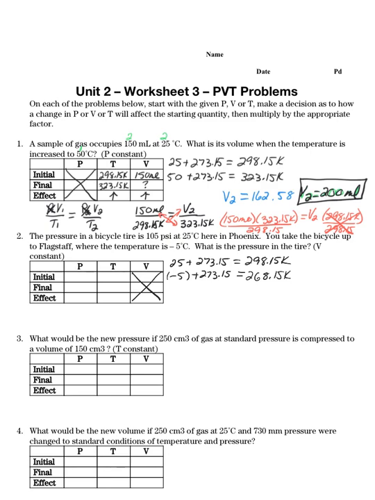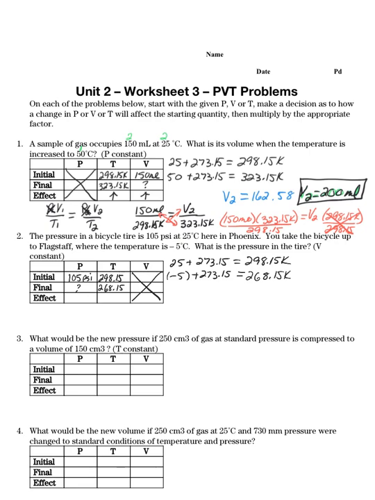So my starting pressure is 105 psi. And I've got my new temperature, which I converted to Kelvin, is 298.15. Now, the final temperature is 268.15, and I need to find the pressure.